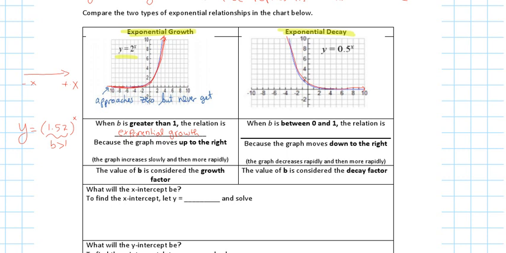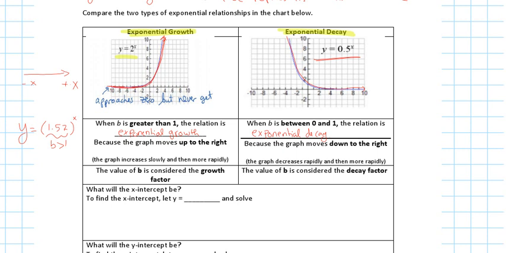How about for the exponential decay? When the base b is between 0 and 1, then it's going to be an exponential decay. What's your base for this equation? 0.5.